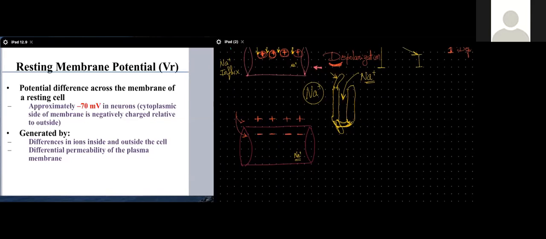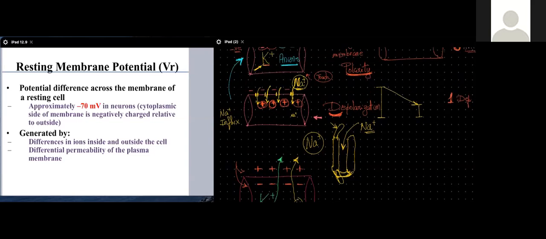So you do have two options. Either you move the sodium out, or you move the potassium out. Why do you need to move a positively charged ion from inside of the cell to the outside?